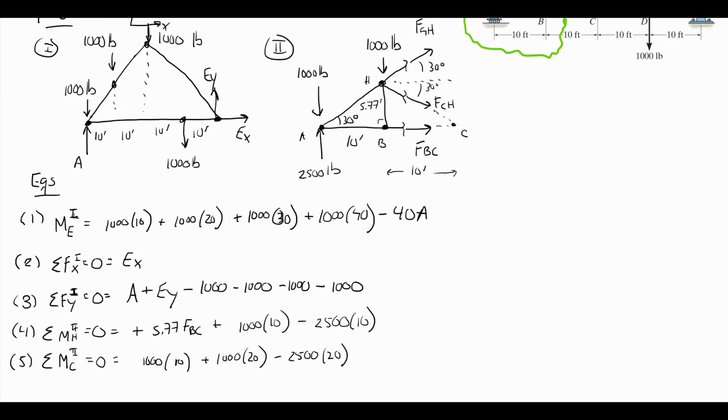And now we're going to have 2 components of GH that are going to contribute to the moment. So we're going to have the horizontal component, which is FGH cosine 30, and its perpendicular distance from C, the horizontal, has a vertical distance of 5.77 feet.